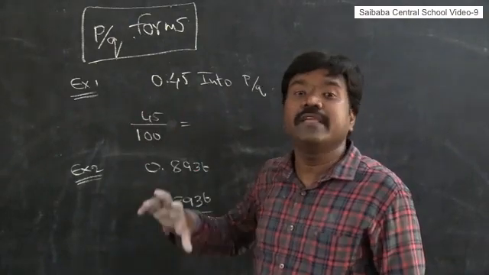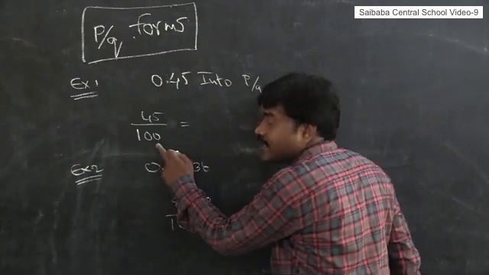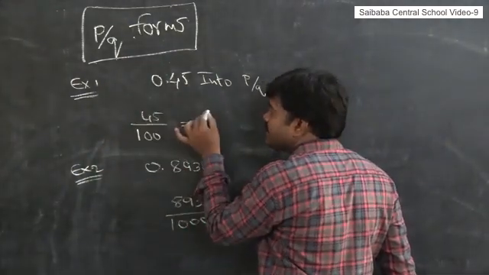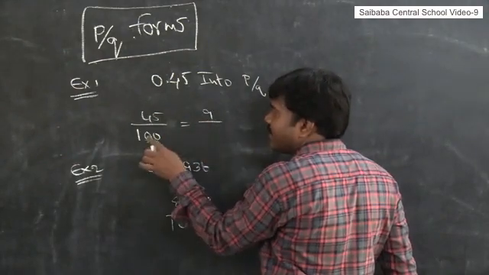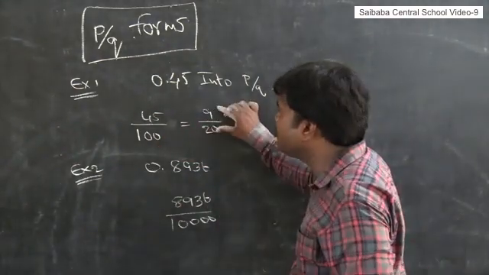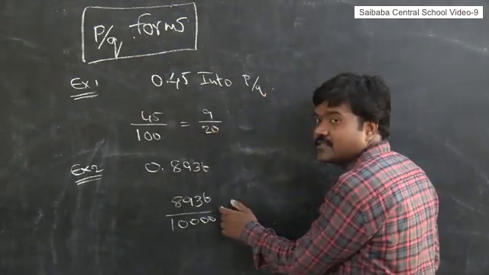What we need to do is simplify this answer. 5 table cancel, right? Convert into the simplified answer. 9 fives are 45, 20 fives are 100... 9 by 20. This is the simplest form. After writing this, you need to simplify it.